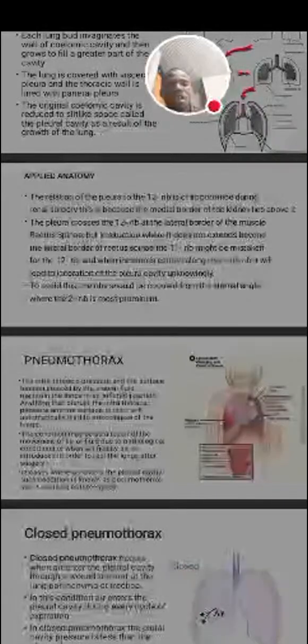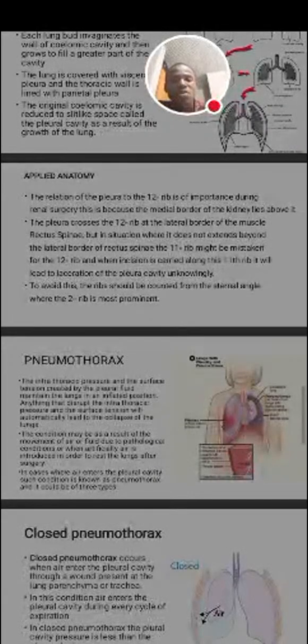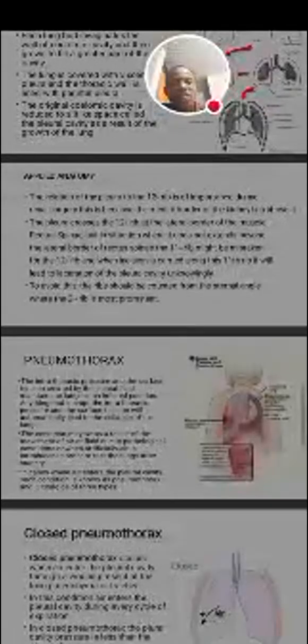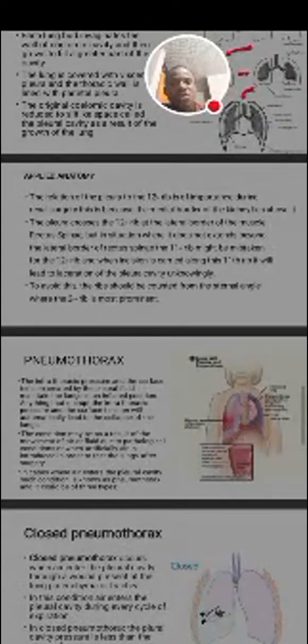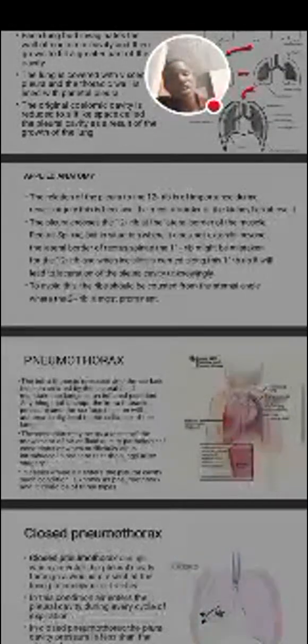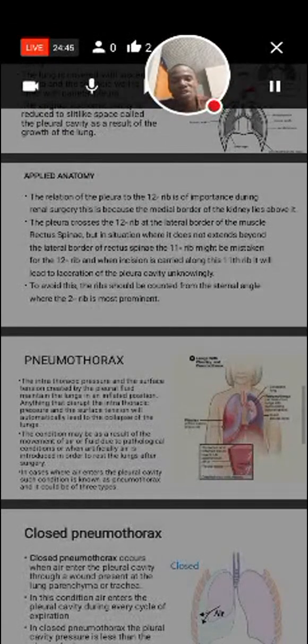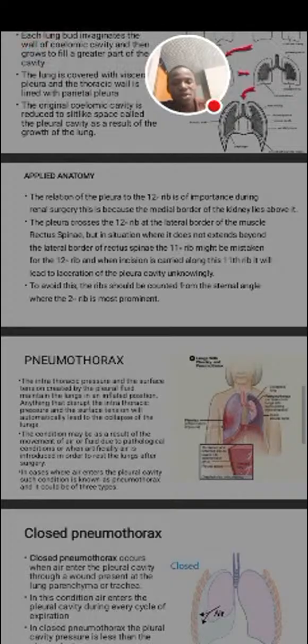Now the pleura crosses the 12th rib at the lateral border of the muscle erector spinae. But in the situation where it does not extend beyond the lateral border of erector spinae, the 11th rib might be mistaken for the 12th rib. And when incision is carried along the 11th rib, it will lead to, as we were talking about yesterday, if we are not careful, we have an issue. So you study more than one material. Yesterday we ended up saying you insert, in case of pleural effusion or pneumothorax.